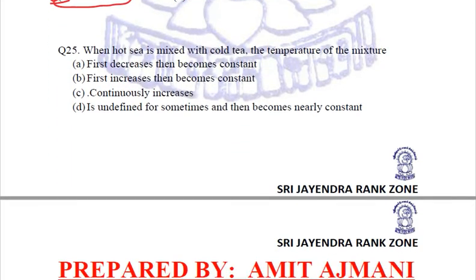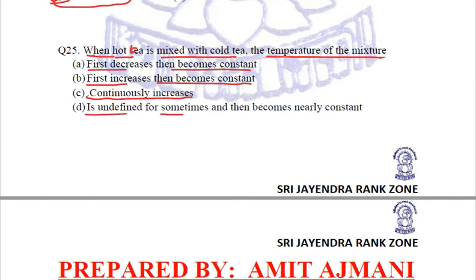Try to relate the next question. When hot tea is mixed with cold tea, the temperature of the mixture first decreases then becomes constant, first increases then becomes constant, continuously increases, or is undefined for some time and then becomes nearly constant.